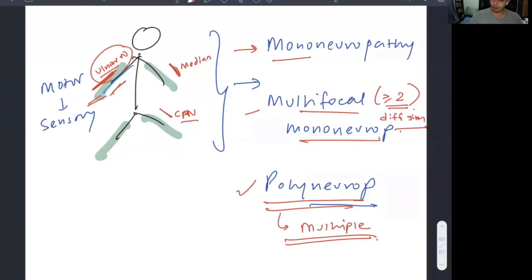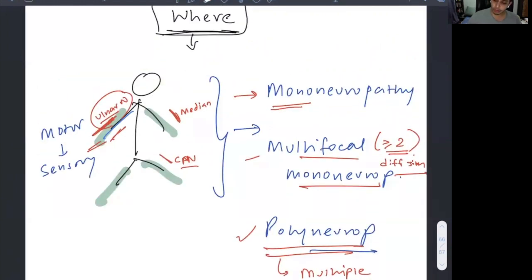This is important because there are specific causes of each one of these three presentations. If it is a mononeuropathy, there are very few causes, since that is a single nerve lesion. For example, if the patient comes with a wrist drop or a foot drop only on one side, that means there is only a single nerve involvement, and then it is usually traumatic.